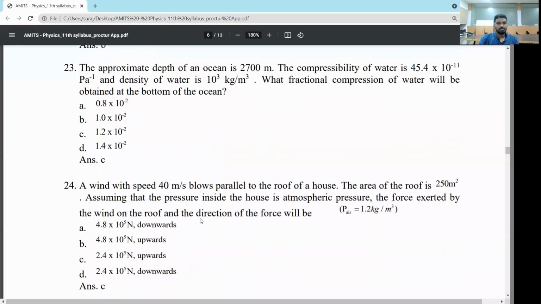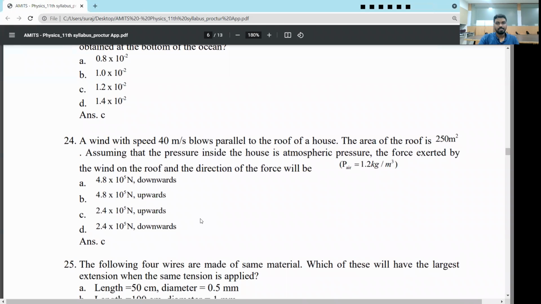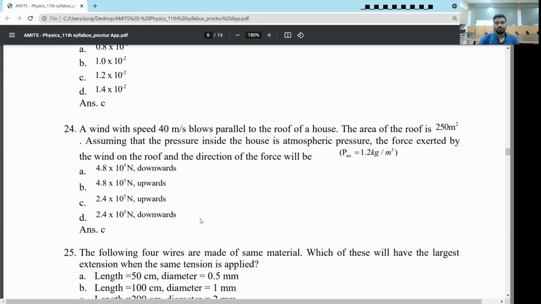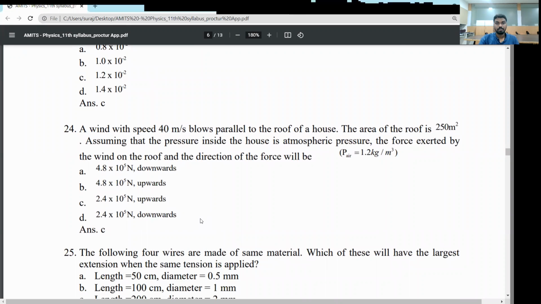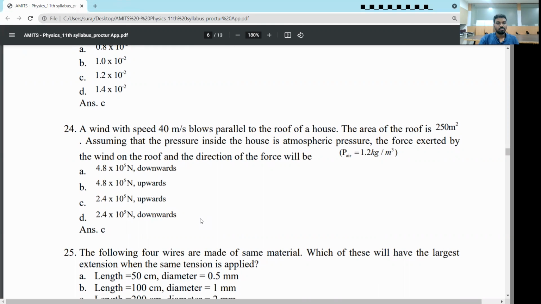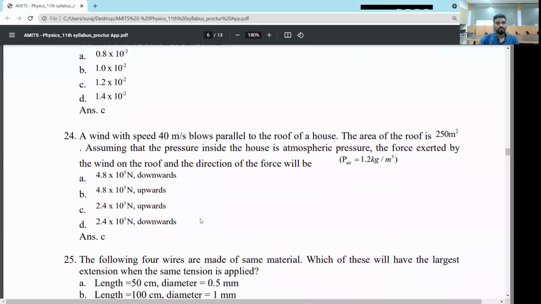Next, question number 24. A wind of speed 40 meter per second blows parallel to the roof of a house. The area of the roof is 250 meters square. Assuming the pressure inside the house is atmospheric pressure, the force exerted by the wind on the roof and the direction of force will be. Nice question. So there's a house, let's say.